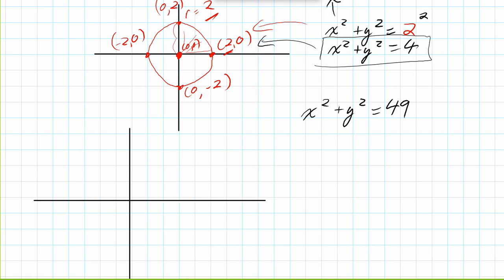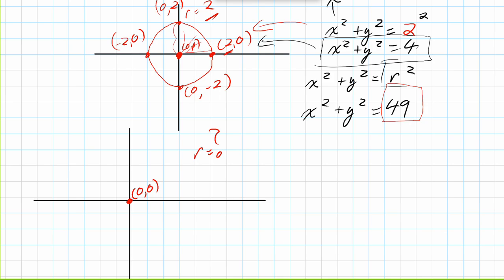I know that my origin is going to be here at 0, 0, but I do got to figure out the radius in order to make a sketch of this. So I have this part here. How does that relate? Well, what we're going to do is draw the parent function on top of it. Parent function is one that just has variables representing everything.